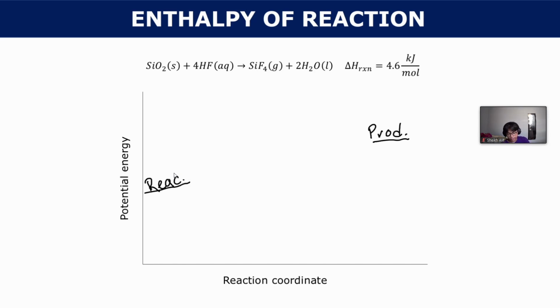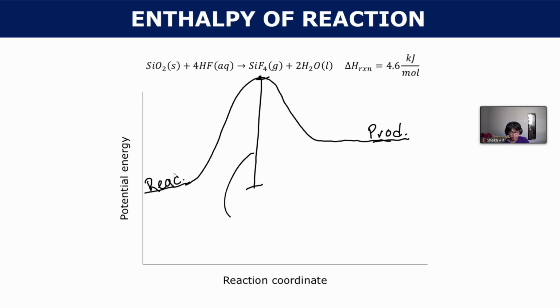And so the same thing would happen here. You would have that curve that's going to be higher than both the reactants and the products. And your activation energy this time is still going to be from your transition state all the way down to reactants. That's going to be your EA, or activation energy. And from your reactants to your products, that's going to be your change in enthalpy.